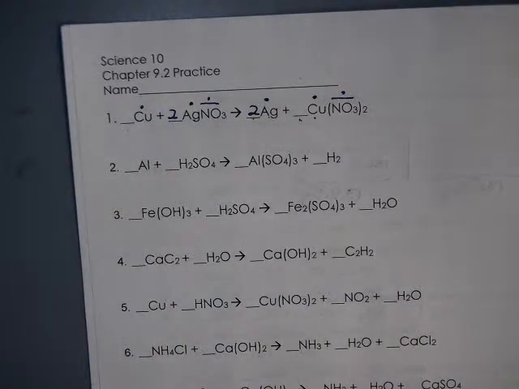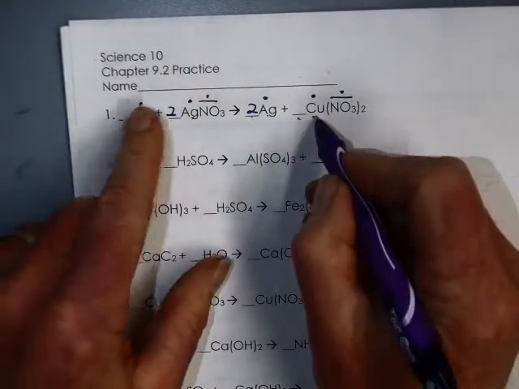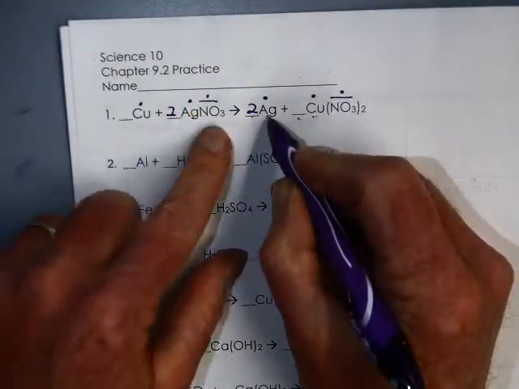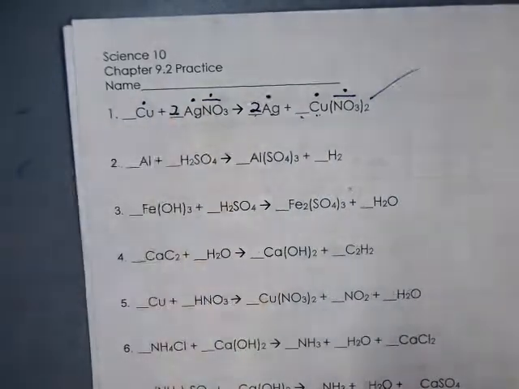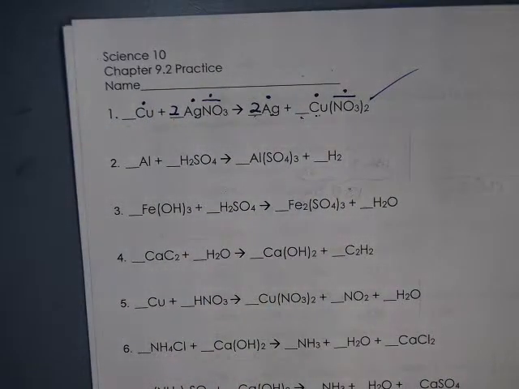Now at this point, I'm saying, oh, what a fine young chemist am I. Here we go again: 1 copper, 1 copper, 2 silver, 2 silver, 2 nitrates, 2 nitrates. Oh, what a fine young chemist am I. That's it. Okay? Let's go to the next one.